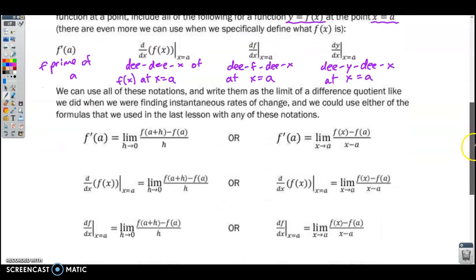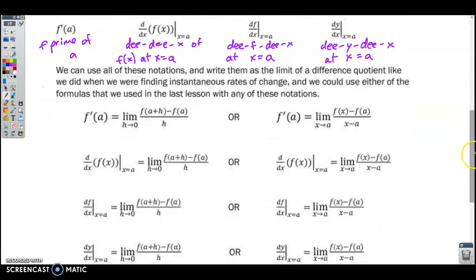And so I've taken all of these derivative notations and kind of matched them up with the limits of the difference quotients that we saw in the last section. And so we see we can write f prime of a using either of these two limits of the difference quotients.